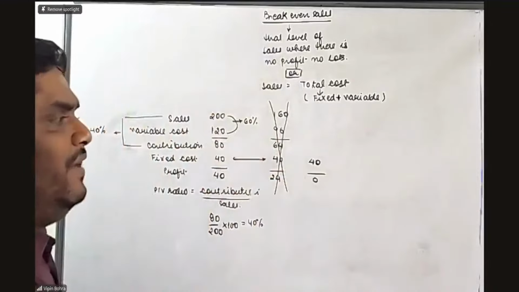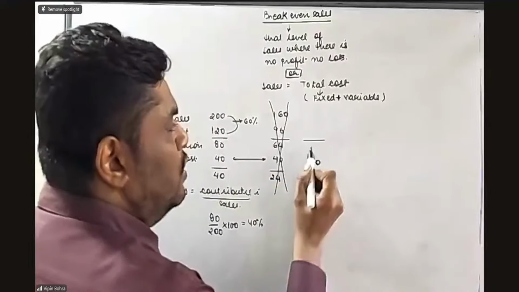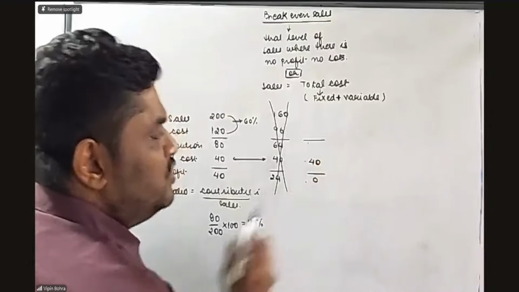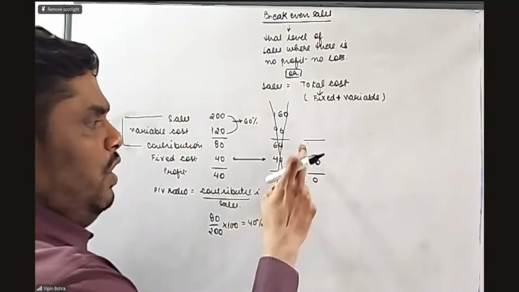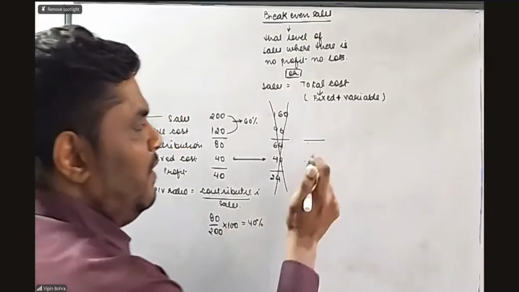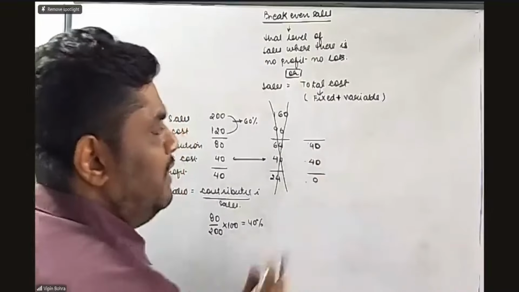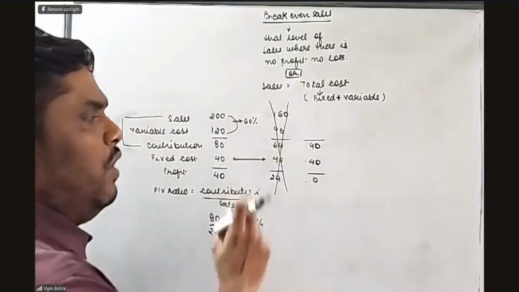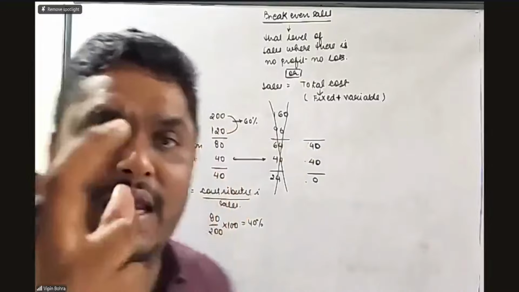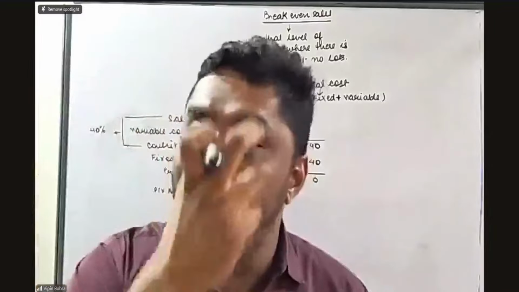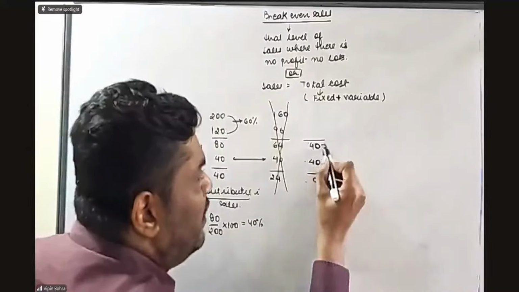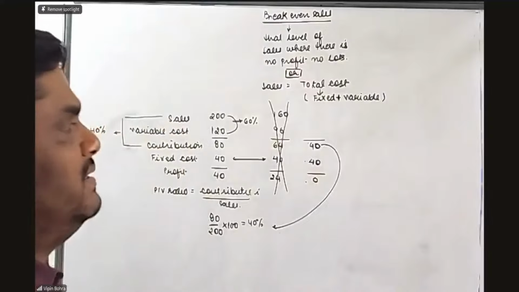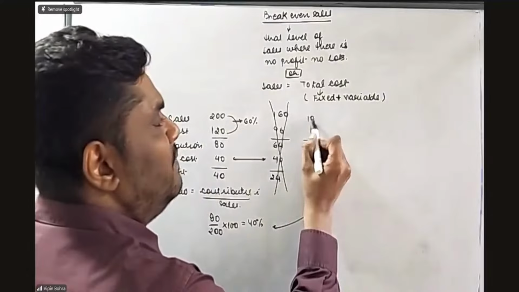So contribution minus fixed cost should be profit. So what will be my contribution? 40. Now we have the contribution and we know the relationship between contribution and sales, that is 40%. So this 40 equals 40%. So how much will be my 100%? 100 rupees.